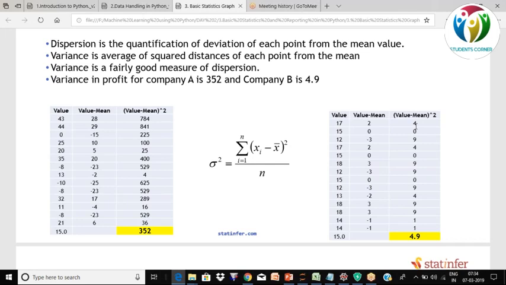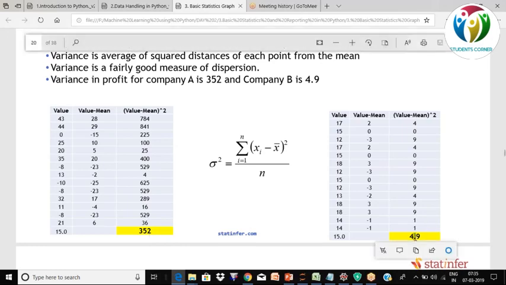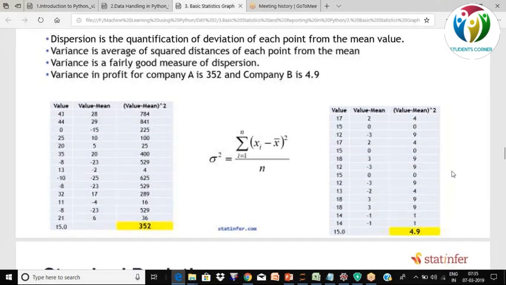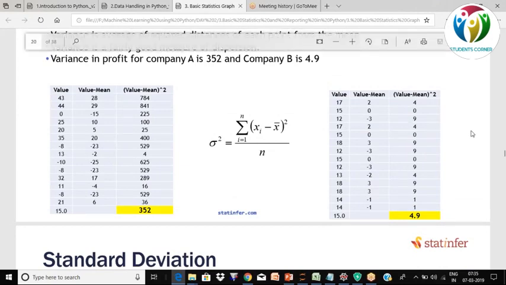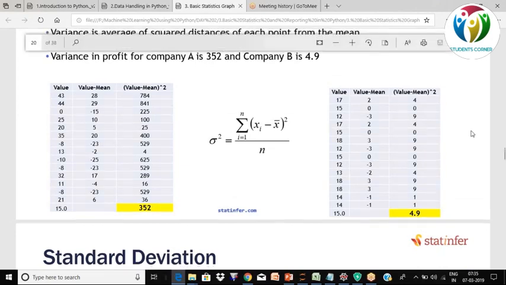The lower the variance, the better it is. There are a lot of ups and downs in company A, 352 is the variance, whereas 4.9 for company B. So by looking at this variance, you can conclude that company B is performing more consistently than company A.